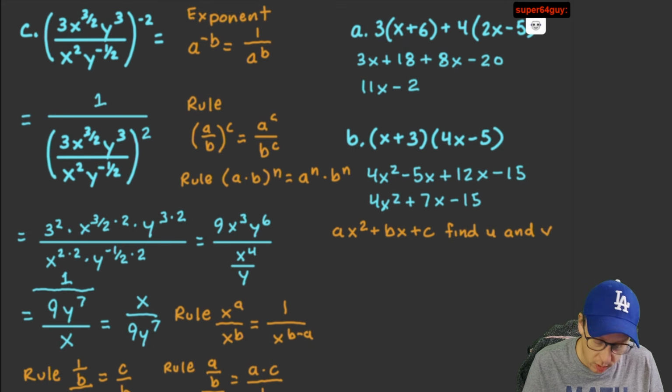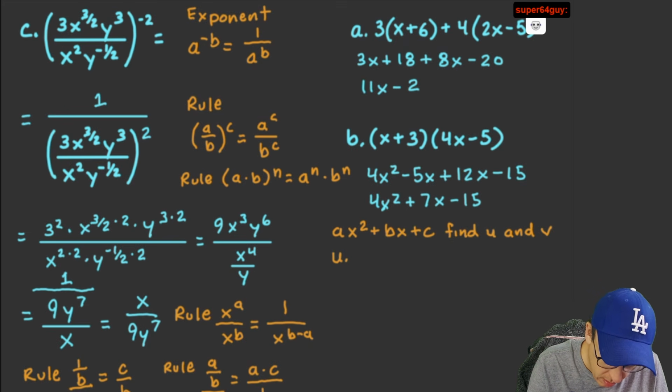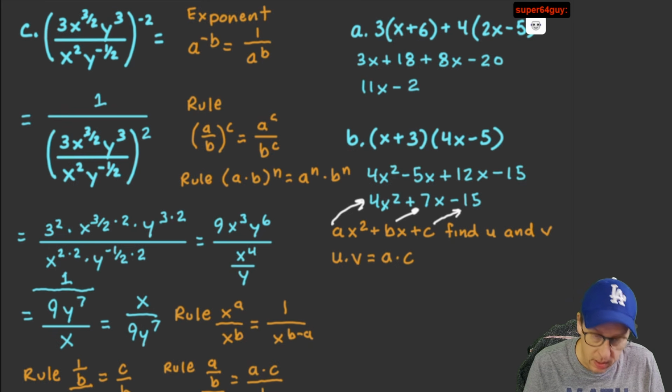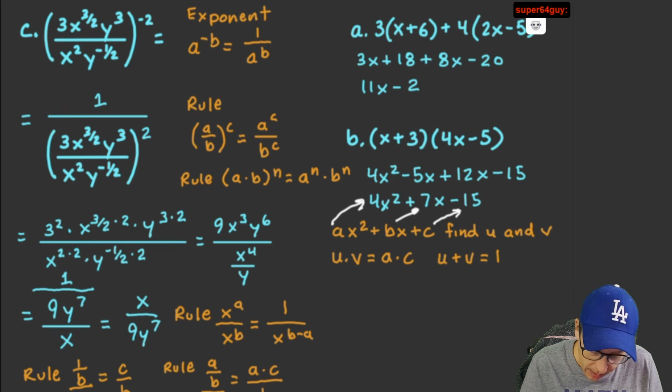And the rule for them is, so that you're 100% certain about this, of course, this is the a value, this is the b value, and this is our c value. The rule says u times v is going to be equal to a times c, and then you're also going to have it set up so that u plus v is going to be equal to b.